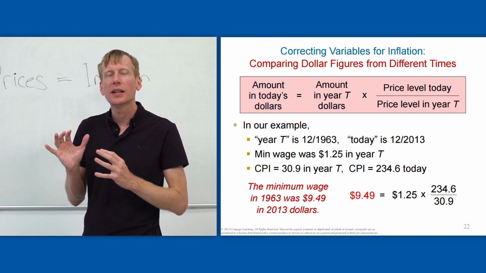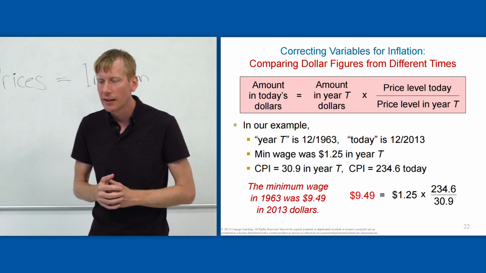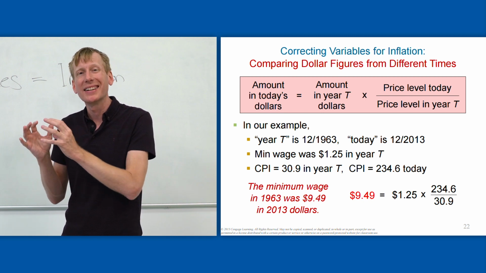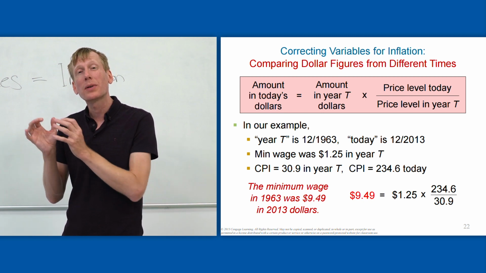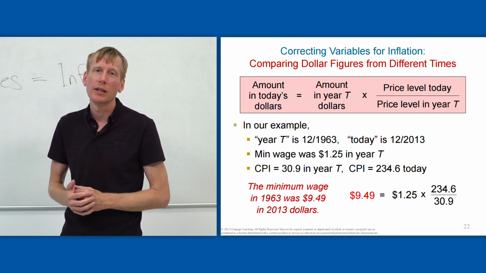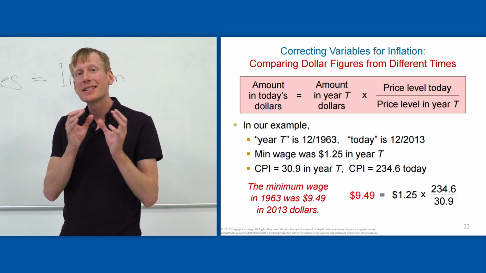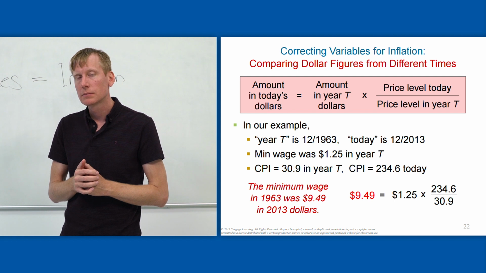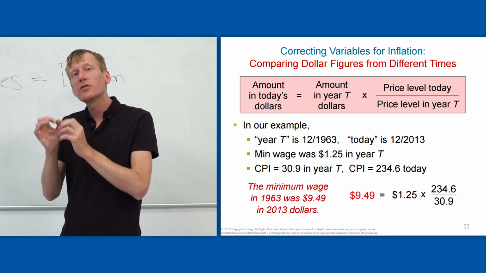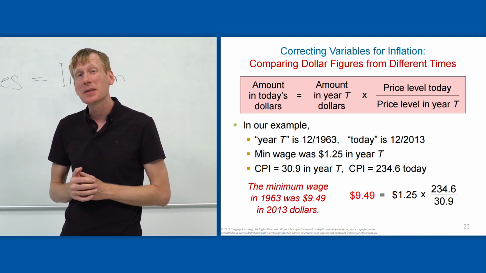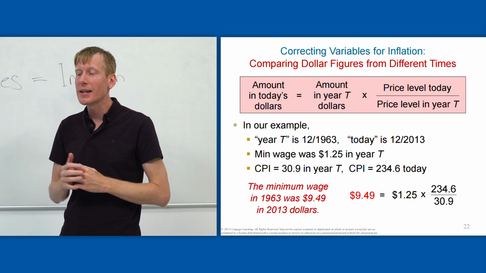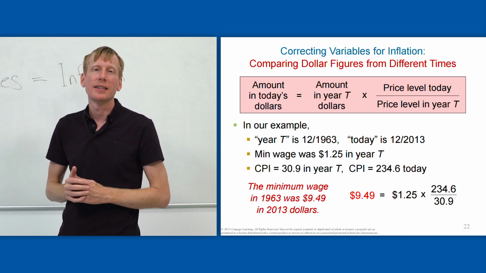And the formula that we would use to calculate this, as you can see on the slide, is the amount in today's dollars would be equal to the amount in year T dollars, such as 1963 dollars, times the price level today divided by the price level in 1963, or year T. We'd say that $7.25 today, that amount in today's dollars, we could compare to that $1.25 in 1963 dollars times the price level today, the CPI in 2013, divided by the price level in year T, the CPI in 1963.